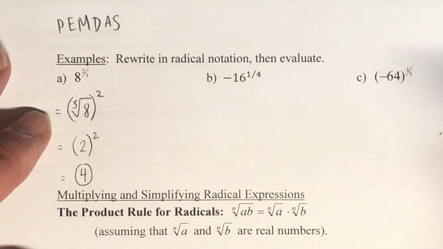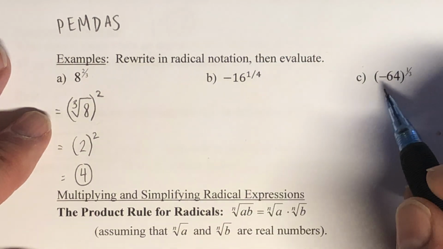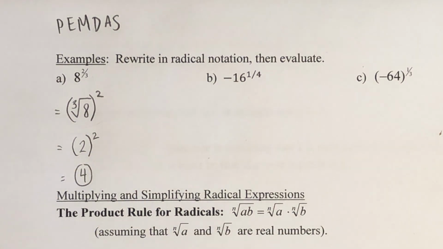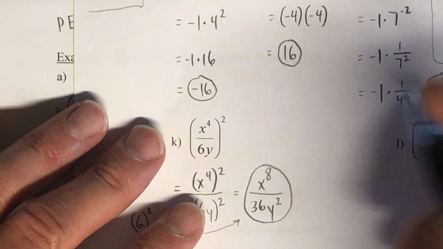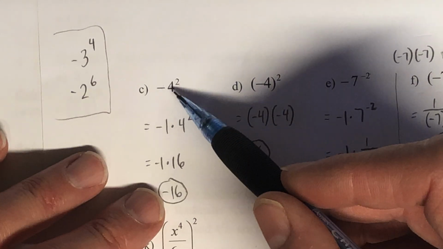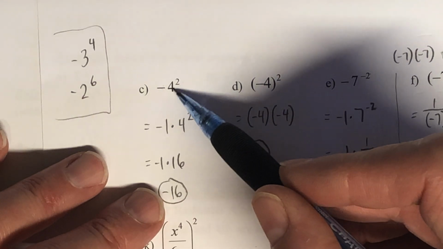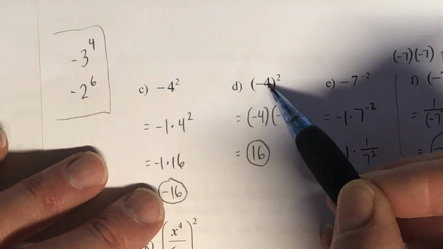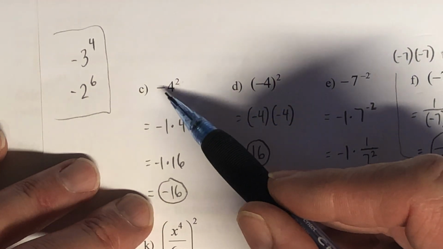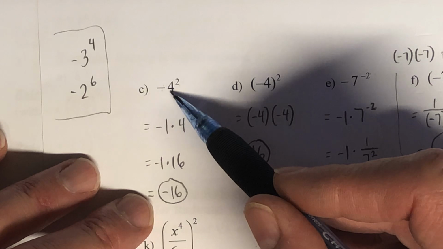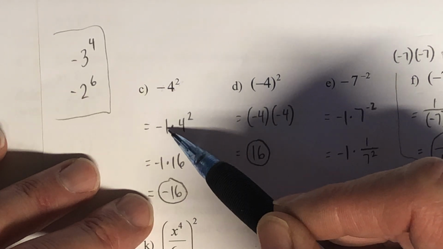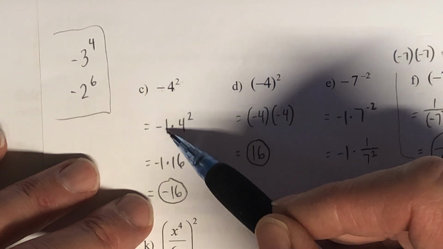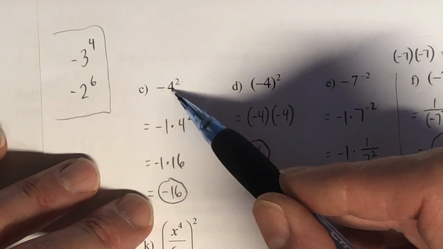Now, what do we do when we have negative signs involved? We've got to be a little more careful with that. Something from a different video, let's review, is that when you have a negative sign in front of a base and an exponent, something taken to a power, and there's no parentheses, that negative means negative 1 times, assuming it's at the beginning of the problem, negative 1 times the 4 squared.